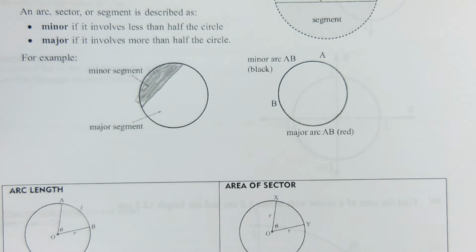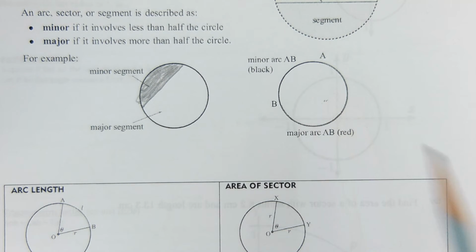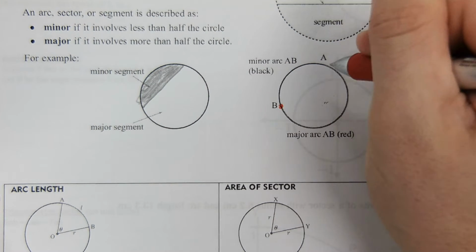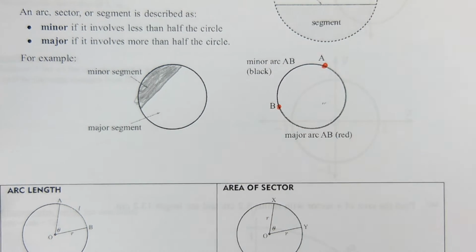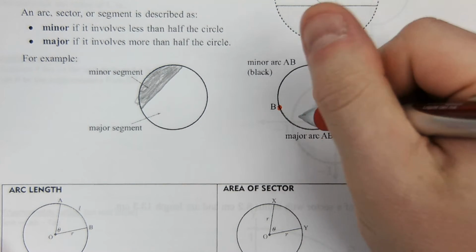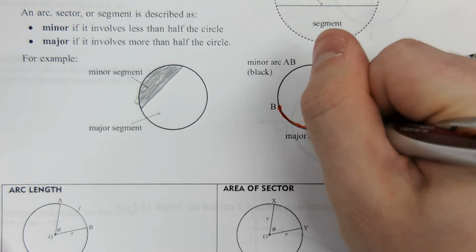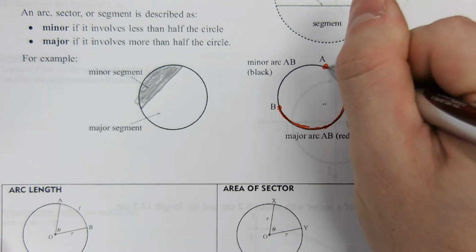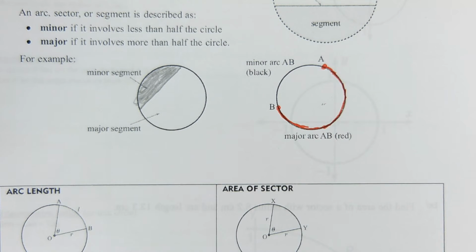And it's impossible to see on this one, but there are points here and here, and you have major arc AB because it goes more than halfway around the circle, and then you have minor arc AB because it's less than half the circle. Not too bad, right? Easy peasy lemon squeezy.